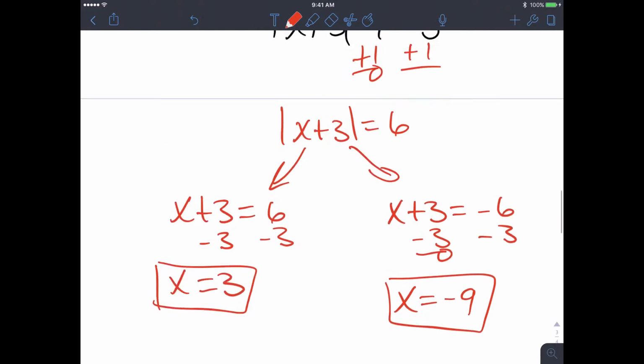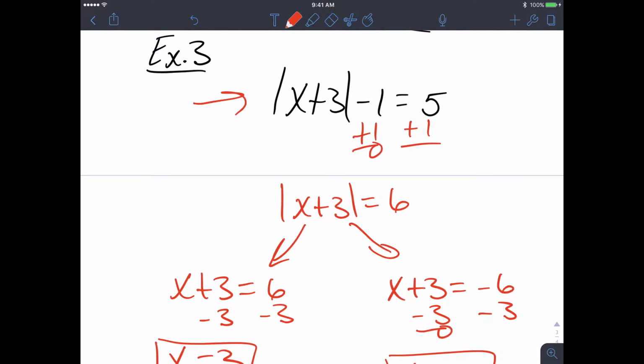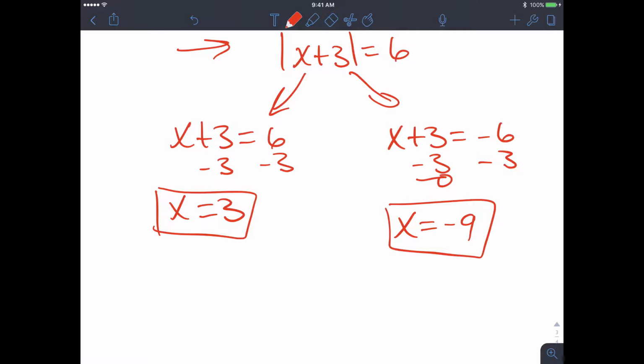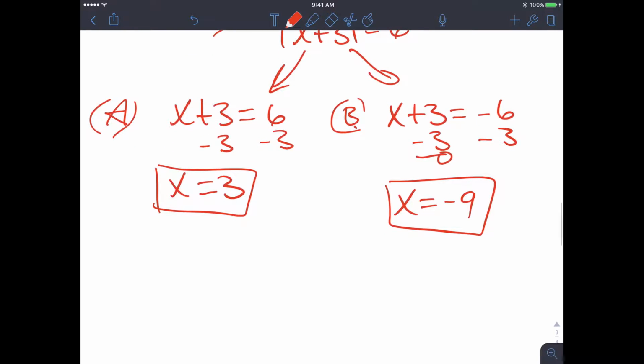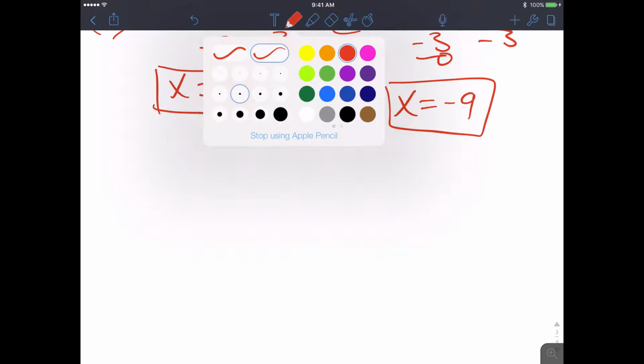And there you go. We started here. We added 1 to both sides. We got it back to the original form here. Broke it up into 2, A and B. And we got 2 answers. Alright? So that's pretty easy. And I'll give you another variation of that.